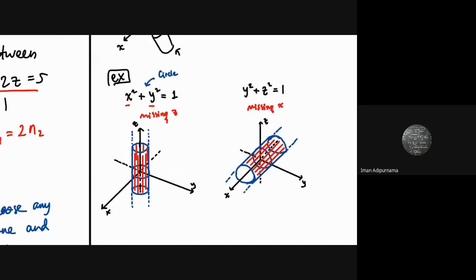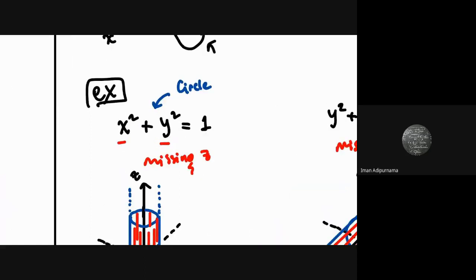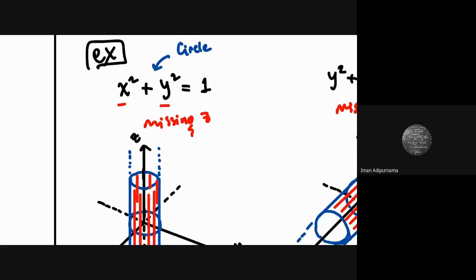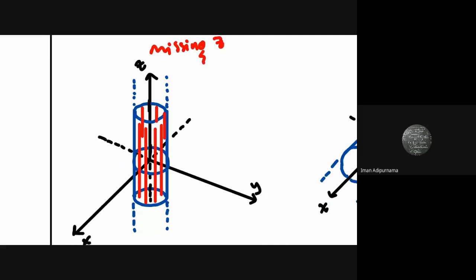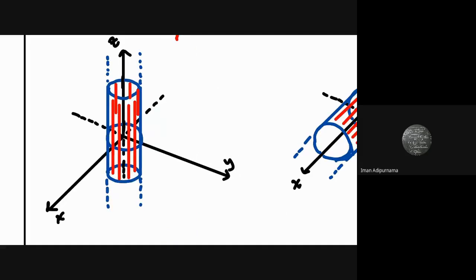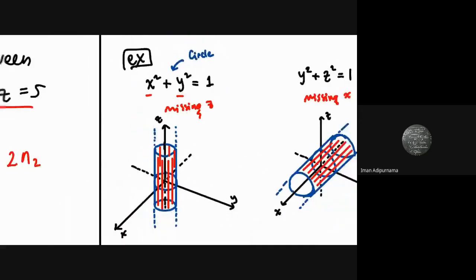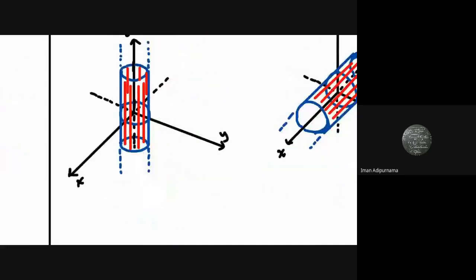In three-dimensional space, if you see a circle equation like x squared plus y squared, it's not a circle but actually a cylinder in 3D space. A circle is what you see in two dimensions, maybe from the top or the bottom. But in reality, in 3D space, we are seeing cylinders.